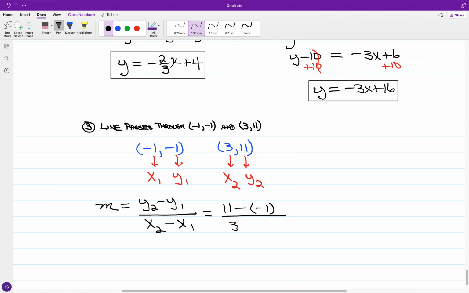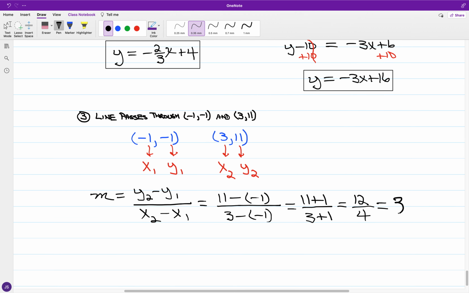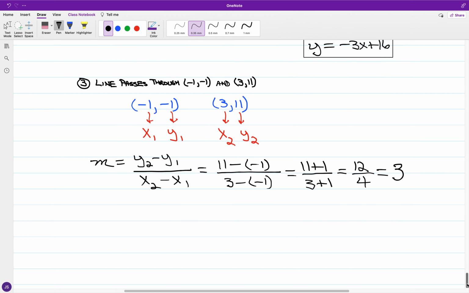So we have 3 minus -1, and subtraction of negatives will revert to addition. So the total vertical change we have at 12, and the total horizontal change is going to be at 4. Breaking it down in terms of proportions, a 12:4 ratio reduces to a 3:1 ratio. So the slope is going to be equal to 3.